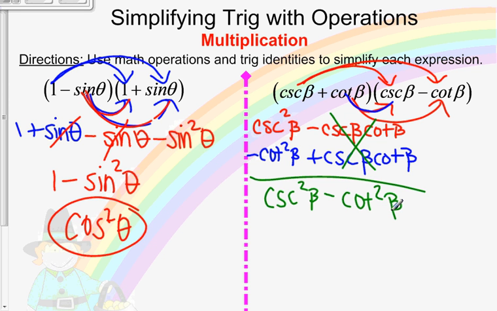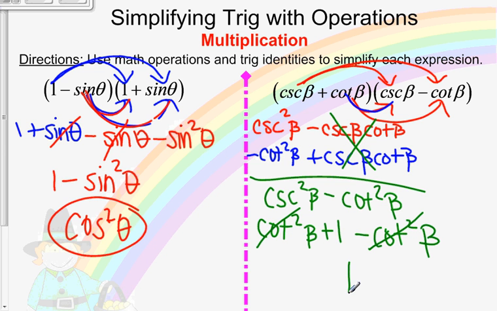I'm going to change cosecant squared beta to cotangent squared beta plus 1. And then we still have our minus cotangent squared beta. So the cotangents will cancel, and we're left with the answer of 1. Notice that we're still simplifying down to one term. Our answers will still always be one term here.